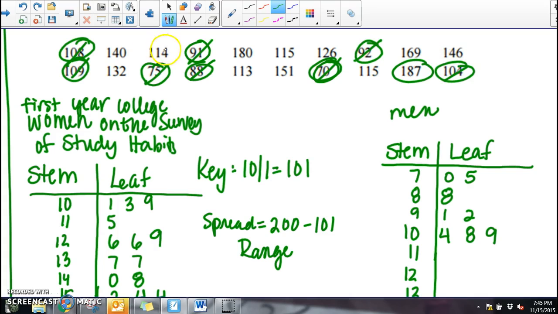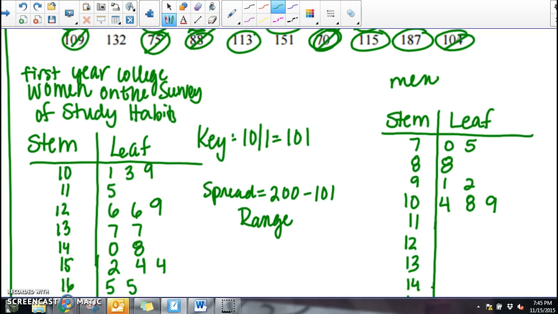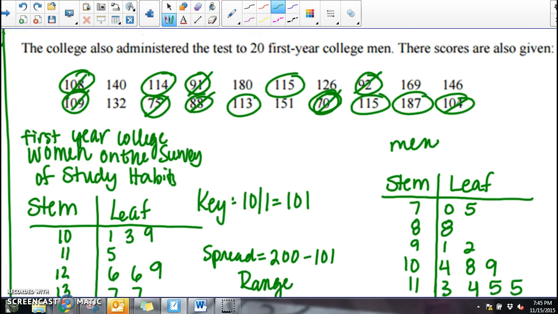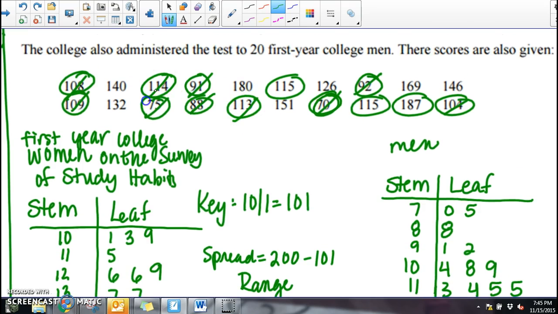In the teens, we have 113, 114, 115, 115. In the 20s, we have 126.